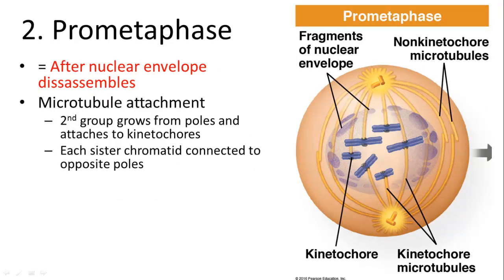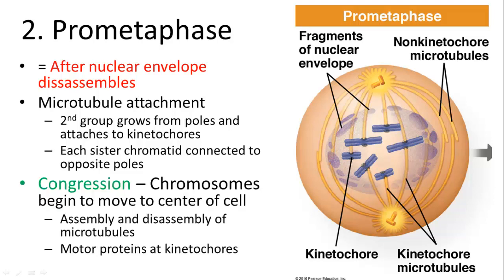Then the microtubules attach to the kinetochores, and each sister chromatid is connected to an opposite microtubule. In congression, the chromosomes begin to move to the center of the cell, as the motor proteins at the kinetochores align them.